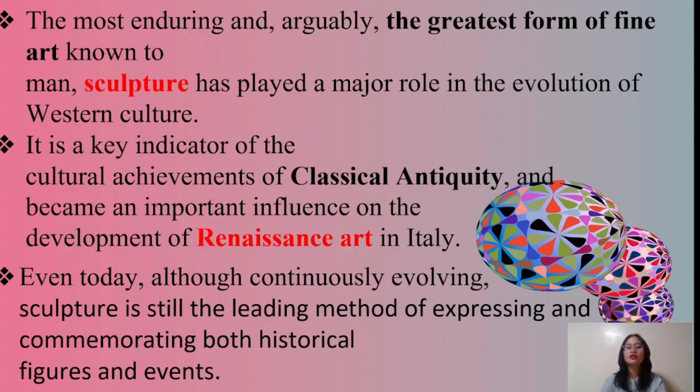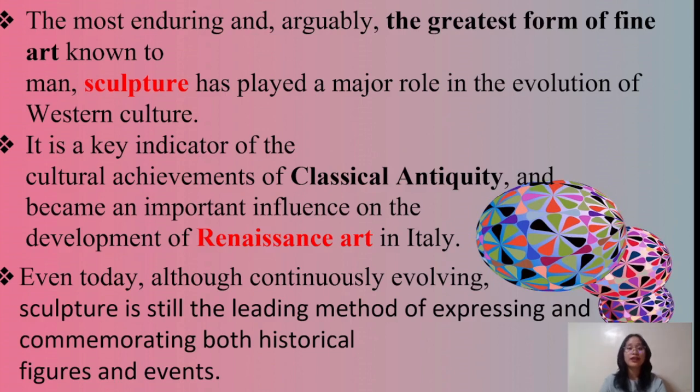Why? Because sculpture gave us the opportunity to become more engaging. In addition, it is a 3D form of art that allows us to holistically appreciate the object. It is a key indicator of the cultural achievements of classical antiquity and became an important influence in the development of Renaissance art in Italy.